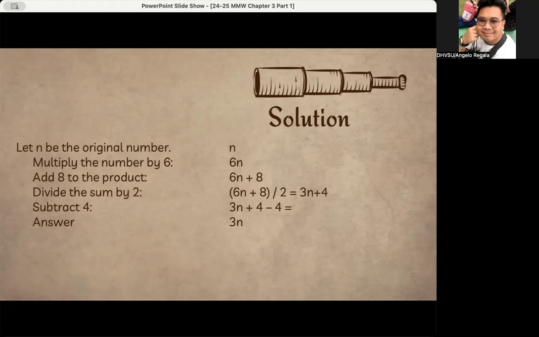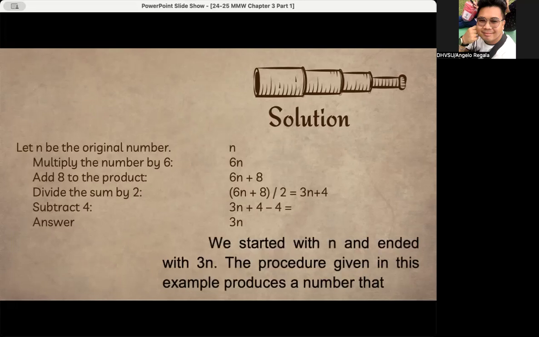Kapag dumaan tayo sa process na sinabi, ang makukuha natin is 3 times the number na naisip natin. Okay? So that's it for the inductive and deductive method.